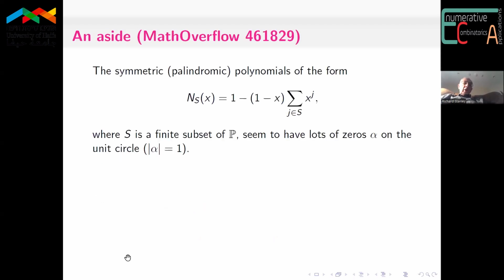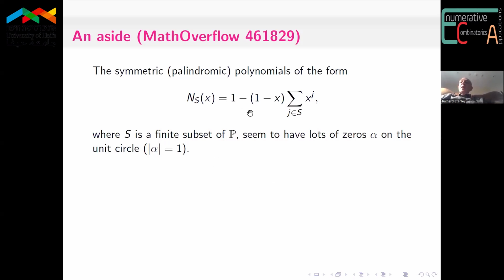Let me make a little aside here from something that appeared in Math Overflow. The symmetric polynomials, that is, palindromic polynomials of the form N_S(x) = 1/(1-x) - sum over j in S of x^j. These are the numerators of our generating functions.